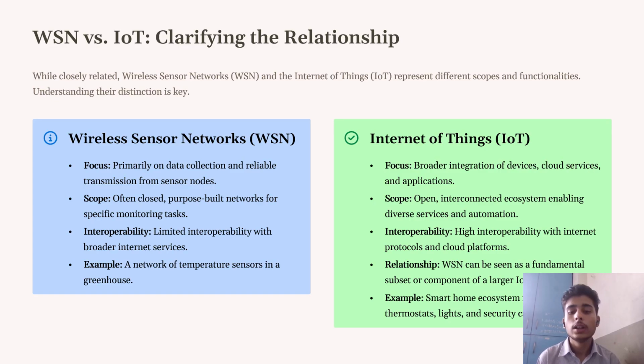Next point is relationship. So we can say that a wireless sensor network is a subset or a fundamental component of an IoT system. An example of a wireless sensor network can be temperature sensors in a greenhouse, and an example of IoT can be a smart home system, which includes controlling fans, lights, etc.